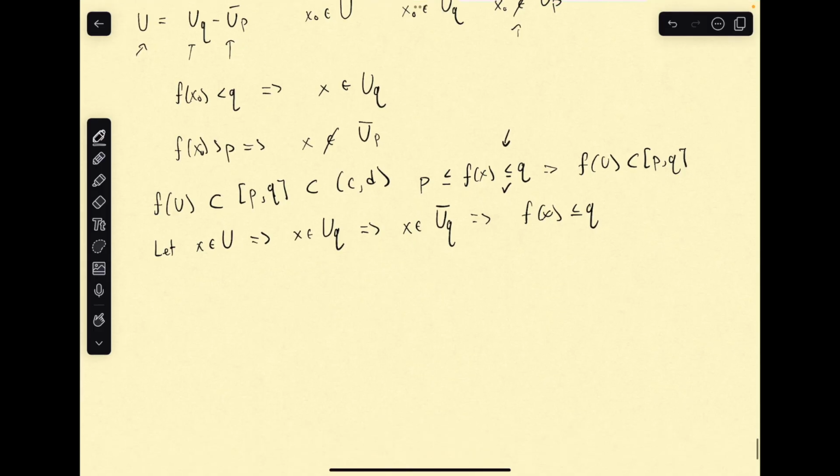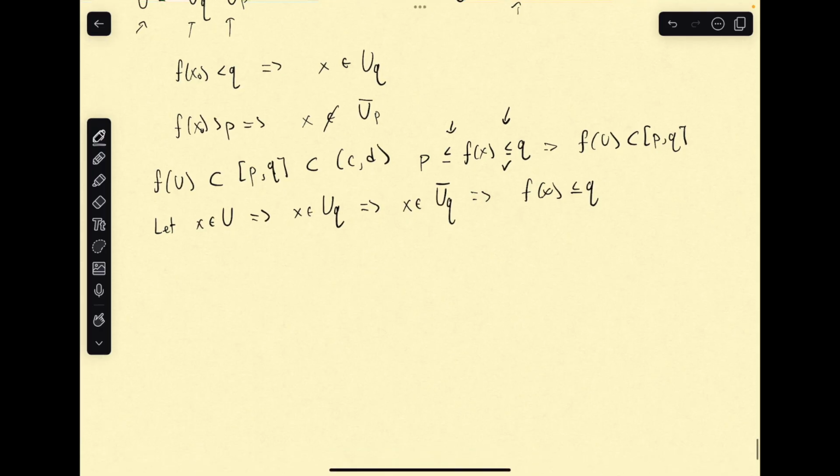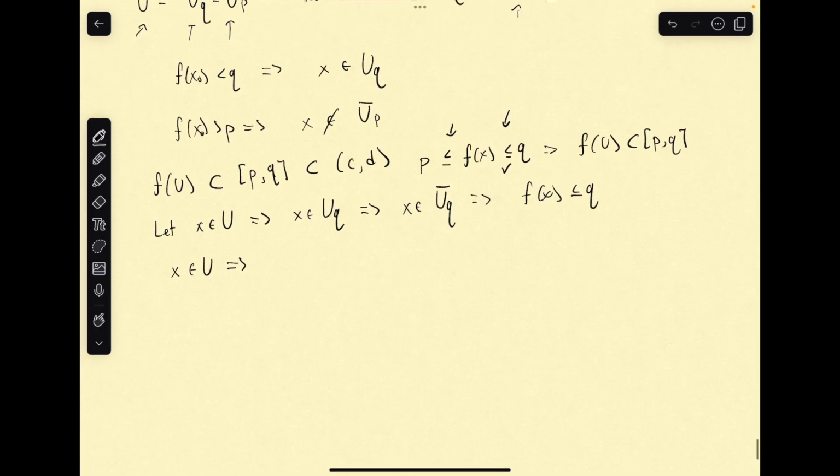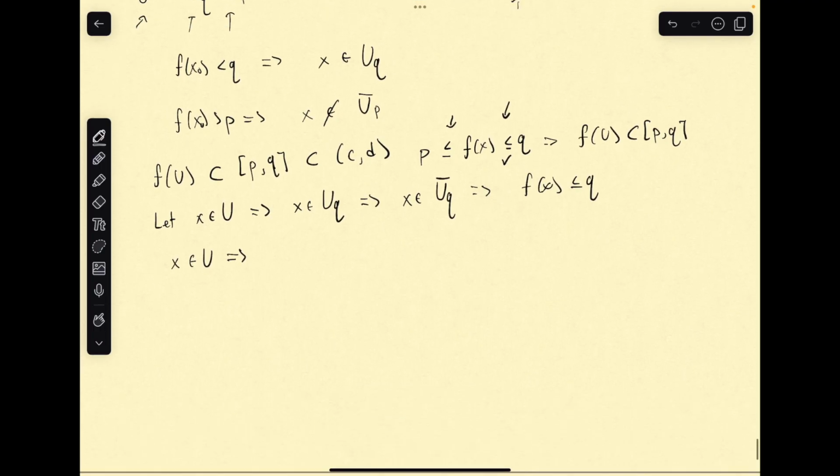Now we want to focus on this other inequality. So we have x is an element of u, which implies that x is in fact not an element of the closure of u of p. And now since the closure of u of p contains u of p, we also have that x is not an element of up.